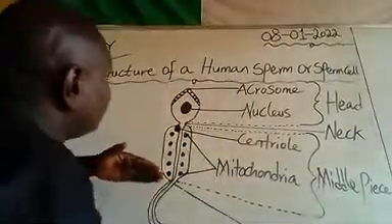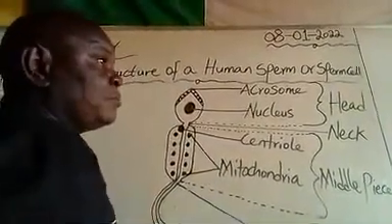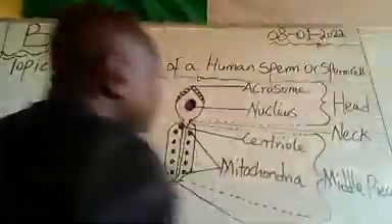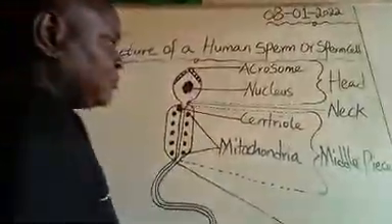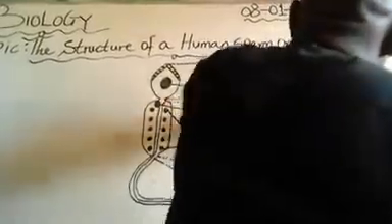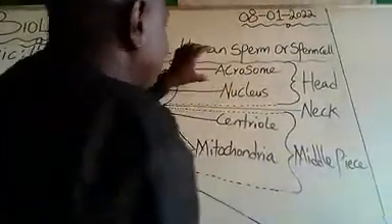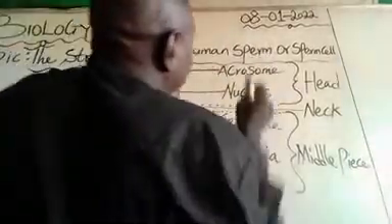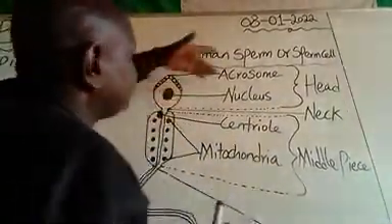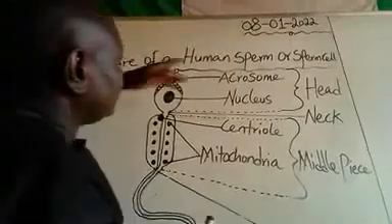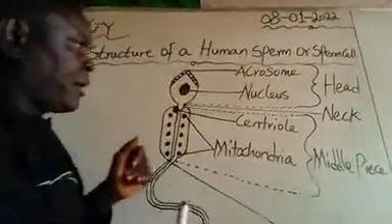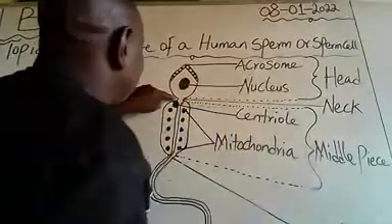The sperm of a human being has the following parts. It has what we call head. And in the head, we can see acrosome and nucleus. Here we have the neck.